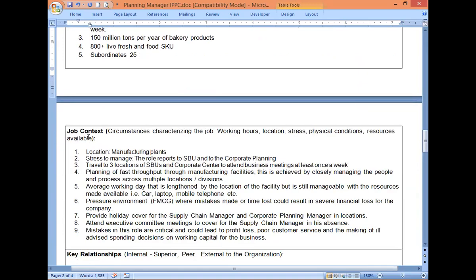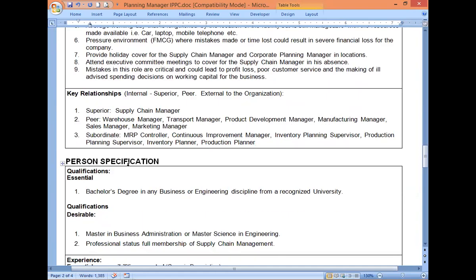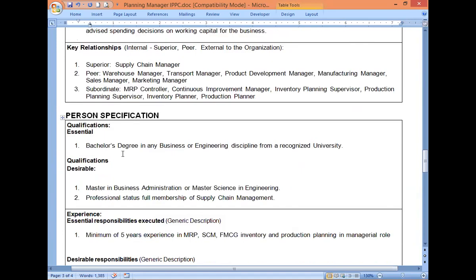Then, in terms of job context, circumstances characterizing the job, working hours, location, stress, physical conditions, resources available. I have also written this here, but that's not important for you. You can write it anytime you want, like that. What's important is the qualification: bachelor's degree in any business or engineering discipline from a recognized university.